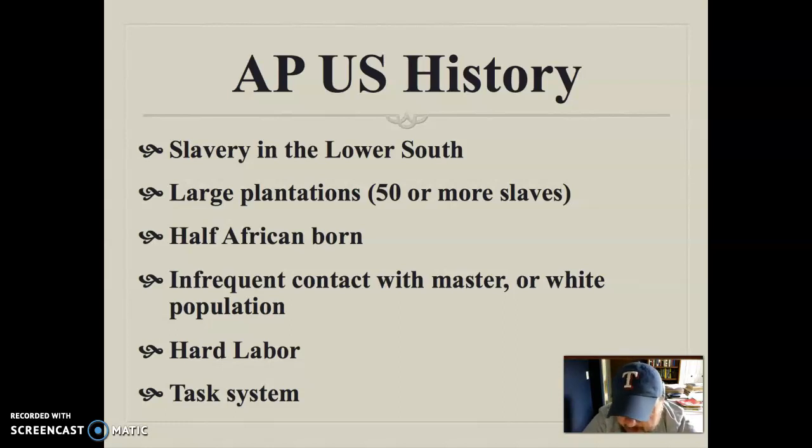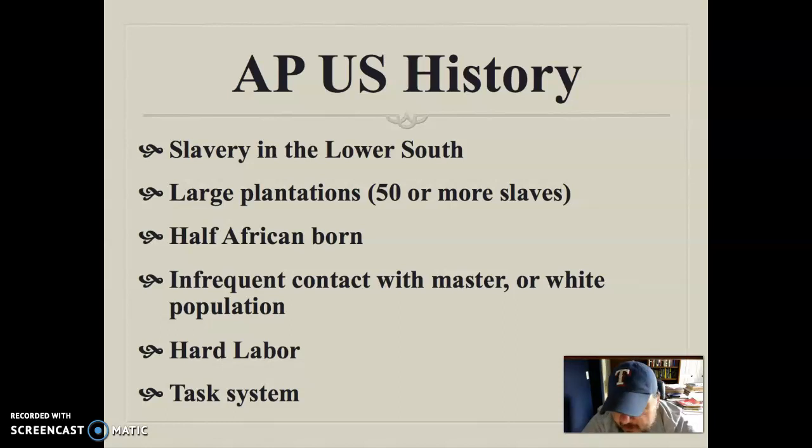Now they adopted something called a task system in the lower South, meaning instead of just having group labor, you would have a task that you were given every day as a slave. And once you have completed that task, you are complete with your day's work. Now, that might sound good on its surface, like all I have to do is finish this one thing.